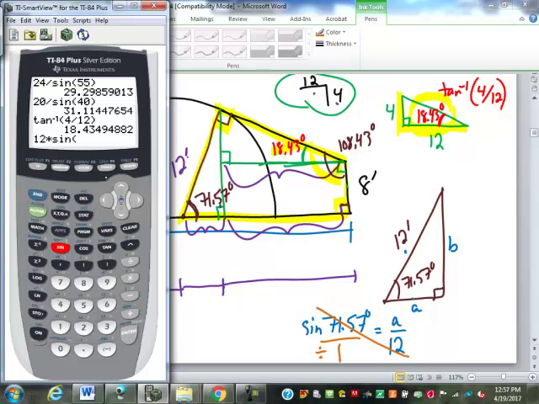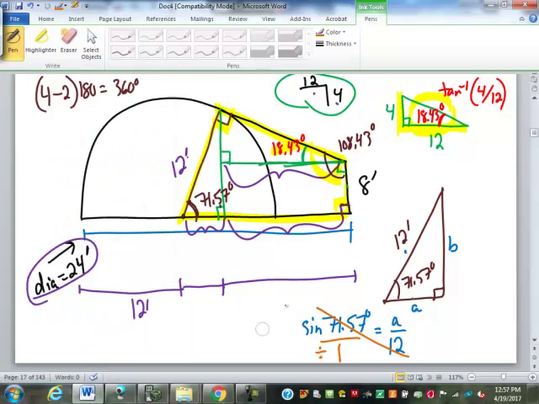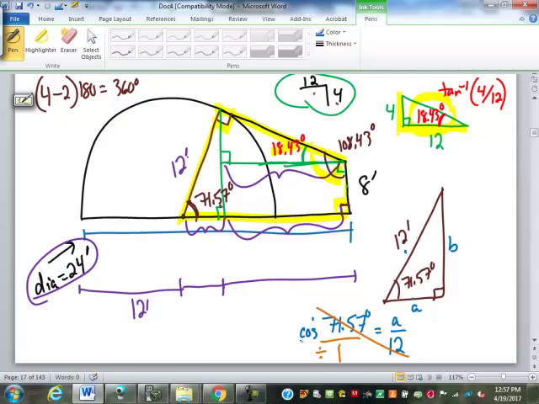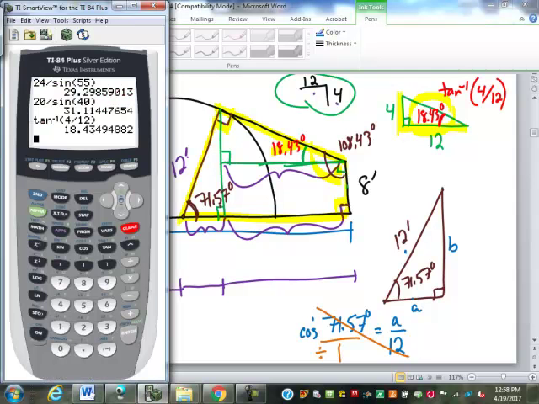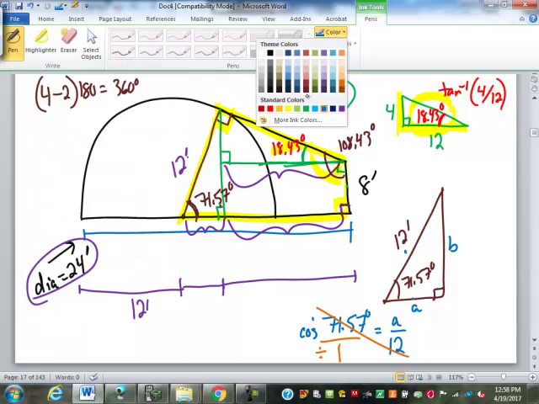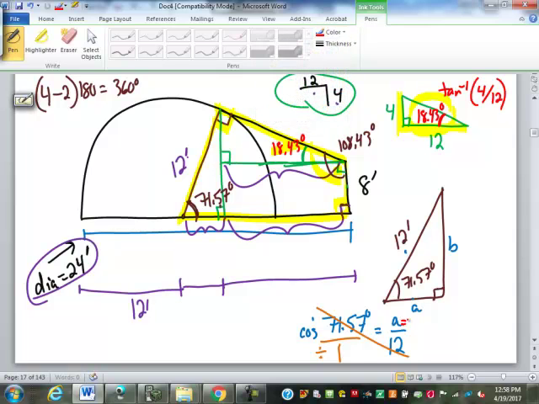Did I say sine? That's not going to be a sine, is it? A is adjacent, so it's going to be cosine. So 12 times the cosine of 71.57 is 3.794 feet. So this is 3.794 feet here.